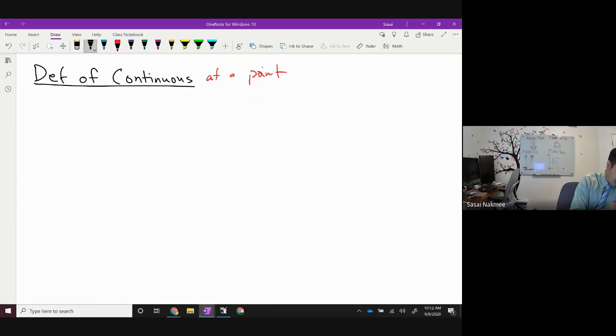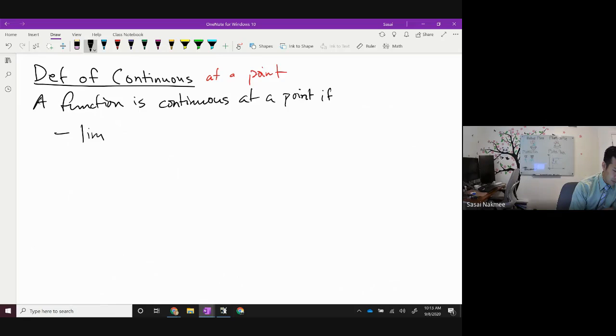Those three conditions are: condition number one, a function is continuous at a point if, yeah, here we go. First condition.